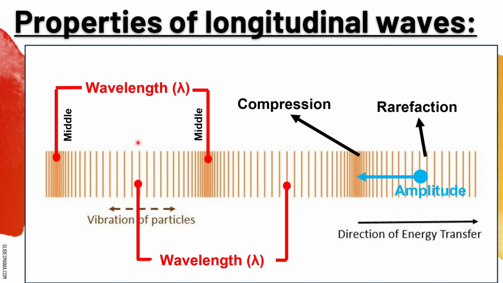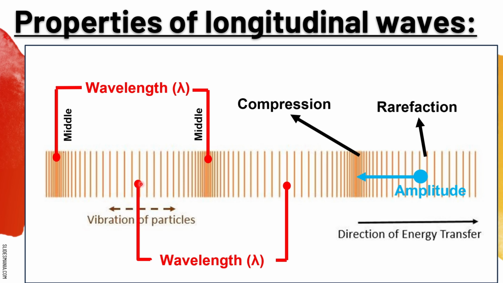Then, the second one we also talk about is wavelength. So, longitudinal waves also have a wavelength, but from where to where does a wavelength stretch? It stretches from the middle of a compression to the middle of the next compression. That's a wavelength. Same for middle of a rarefaction to the middle of the next rarefaction. That is where one wavelength stretches.